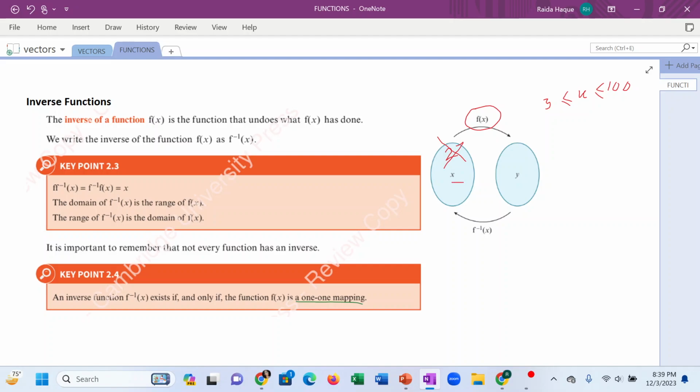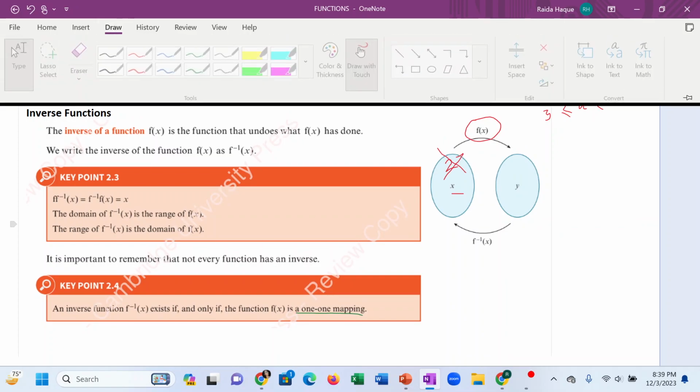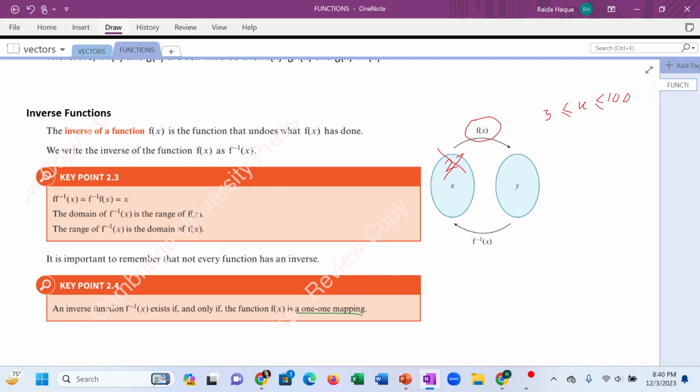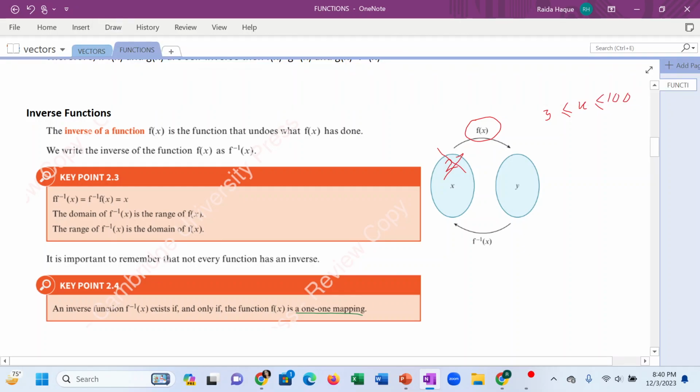We only have the value 7, which is being mapped onto 5.